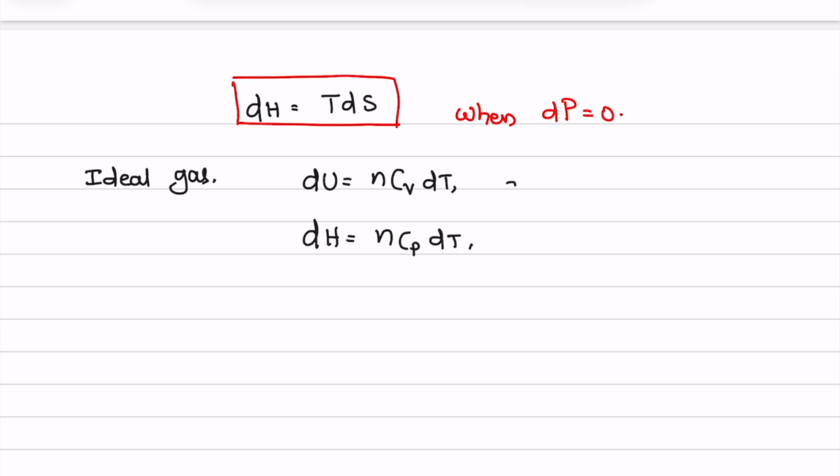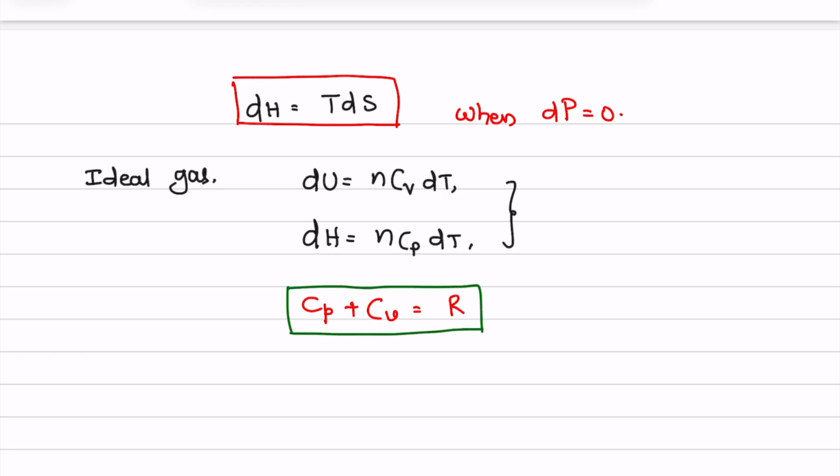And from these two, Cp and Cv are defined, and Cp minus Cv is equal to R, universal gas constant, for an ideal gas.